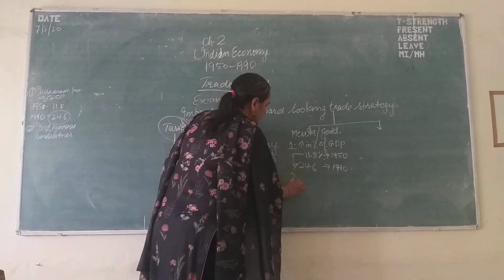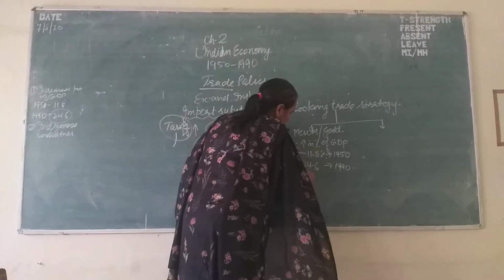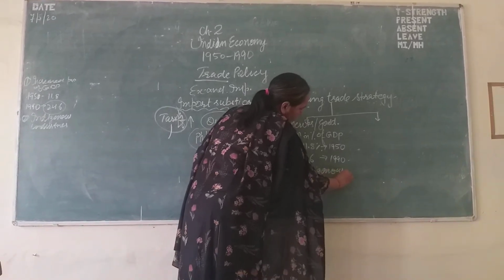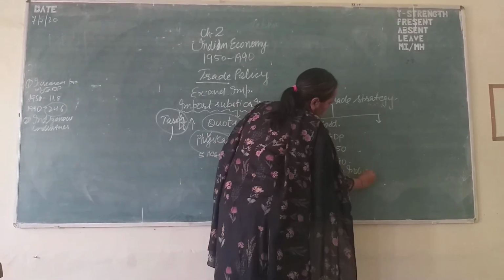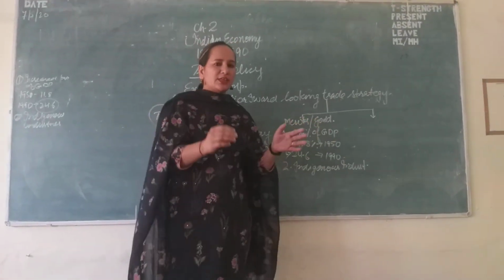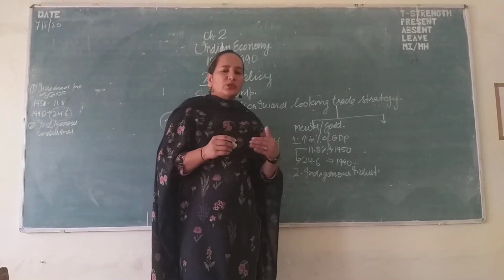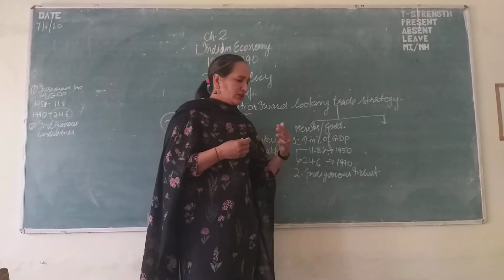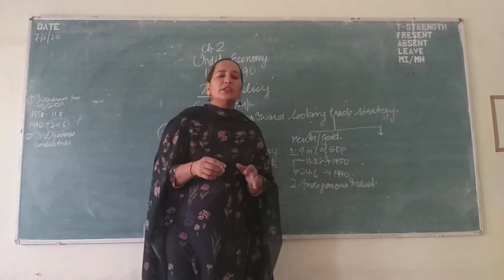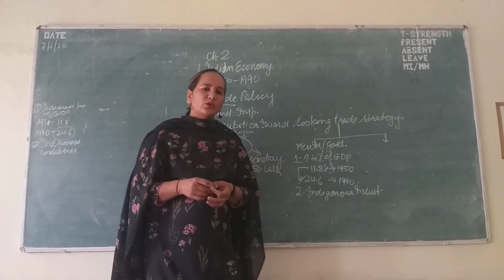Second point is related with indigenous industries. The goods that we were used to import from other countries, with indigenous technique we have started producing within the country. Till the 90s, India was used to produce all the goods within the country, especially electronics and automobile industries.